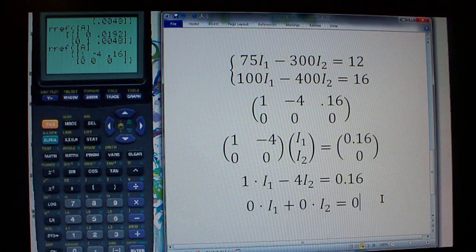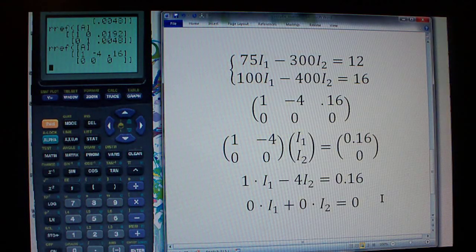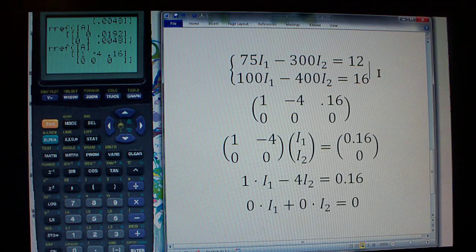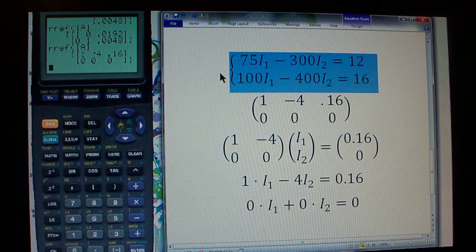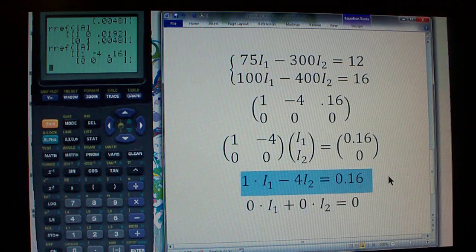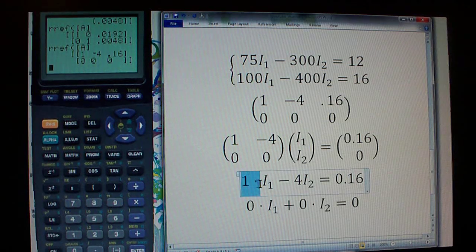So this is what I mean: not all systems have solutions, but if it does not have any solutions, then the row reduced echelon form tries its best to come up with a single or a few reduced set of solutions so that you can use it.